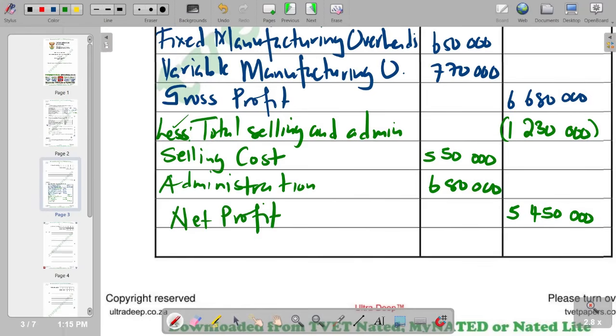So the 5,450,000 becomes the net profit according to the absorption costing method.